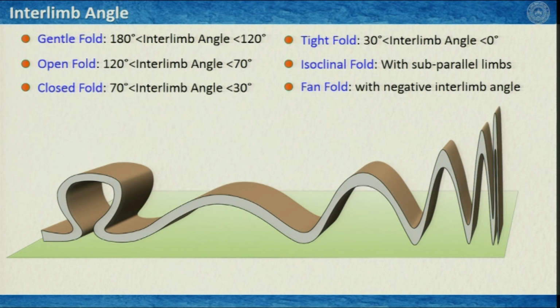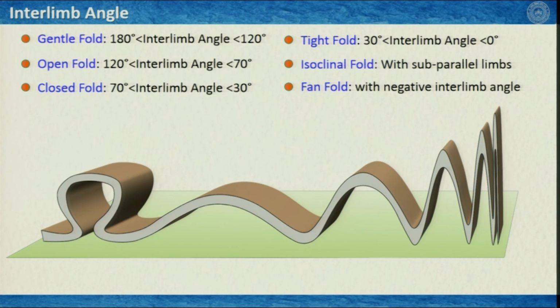Now, based on interlimb angle, we classify the folds as gentle fold, open fold, closed fold, tight fold, isoclinal fold and fan fold. The classification is essentially based on how much the interlimb angle is. If the interlimb angle is from 180 degrees to 120 degrees, then it is a gentle fold.